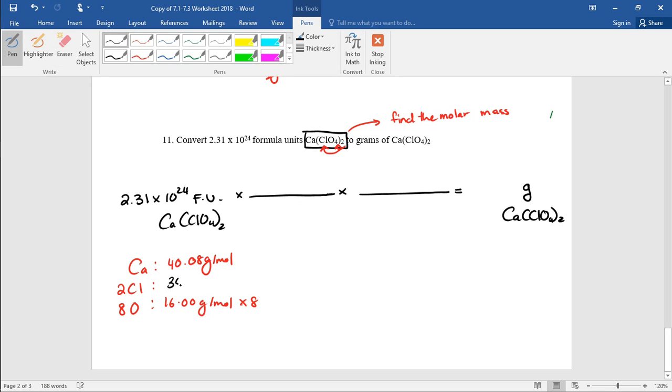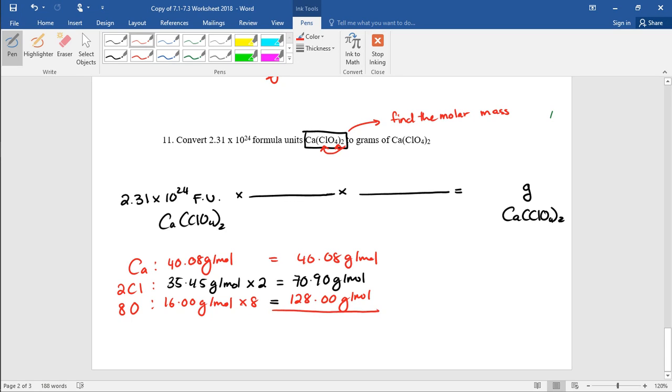This is 35.45 grams per mole times 2. Okay, so this is 70.90 grams per mole, and this is 16 times 8 is 128 grams per mole, and then 40.08 is just there. 40.08, there's only one of them.